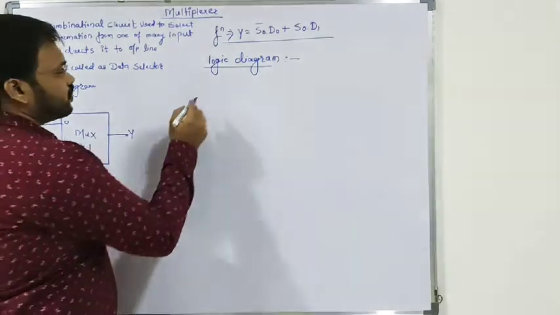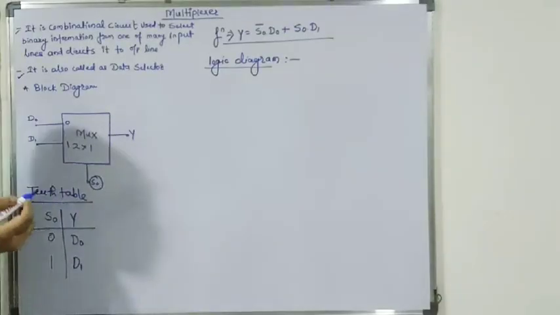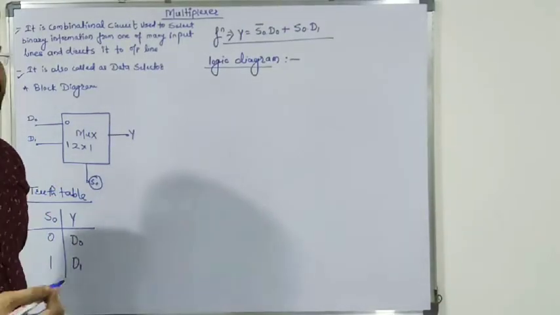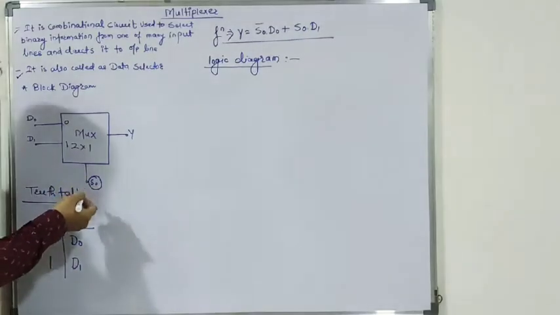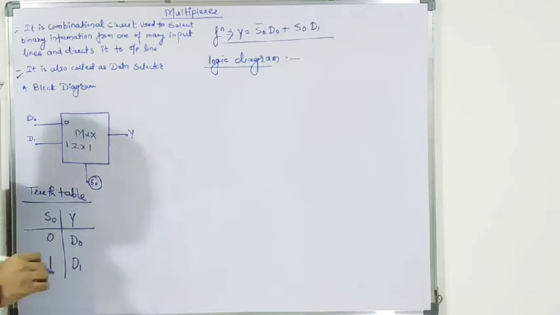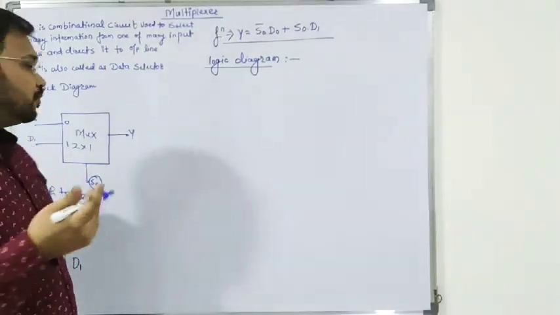Again, before going to the logic diagram, one of the difficulties students have is how many select lines to use for a 2:1 multiplexer. We have to use a single select line.